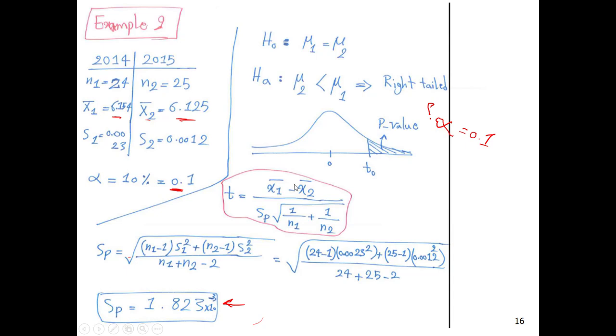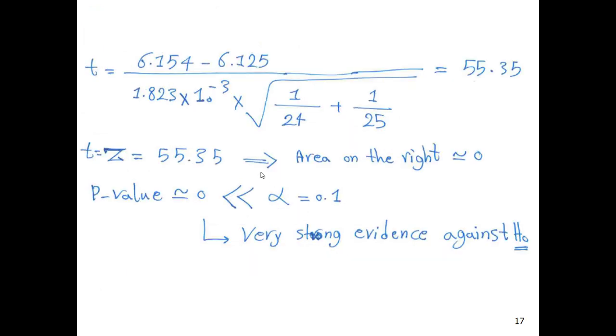Once I have sp, I can go find my t. I put sp here, I have the rest, and I can find my t. So if you put all your x1, x2, sp, n1, n2, you can find t, which is 55.35.